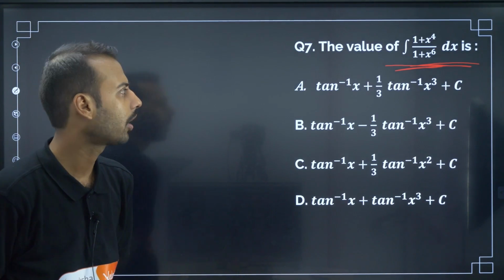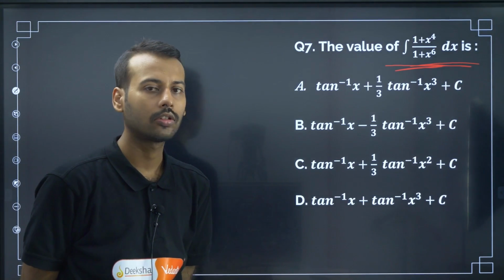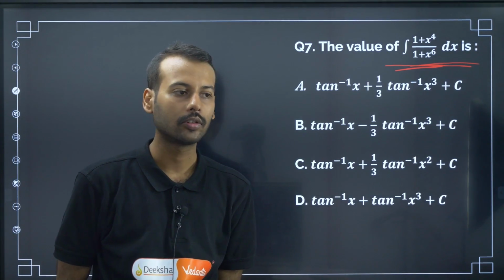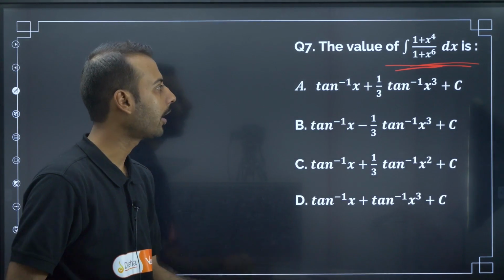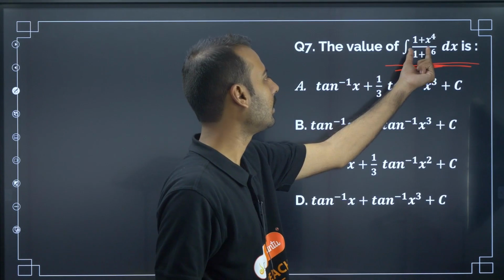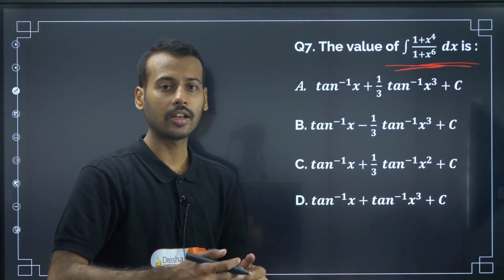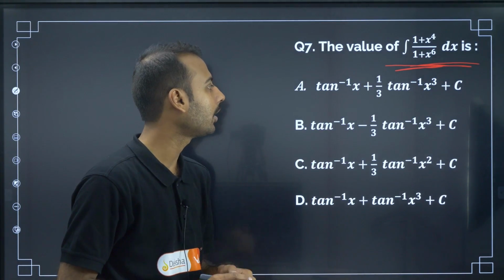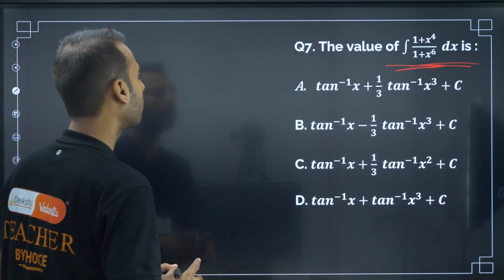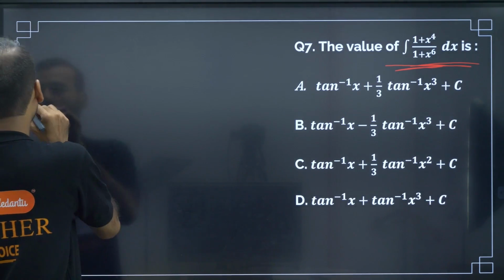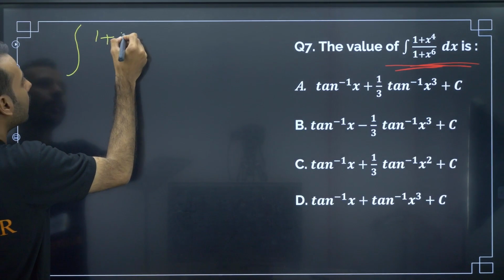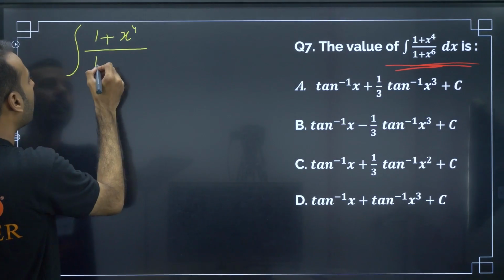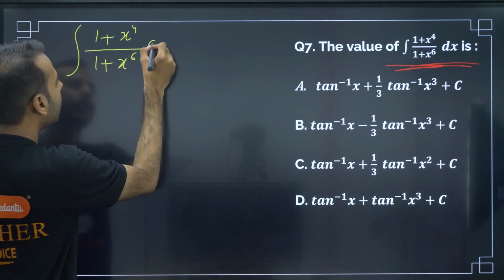Every time I use this word algebraic manipulation, by practicing a lot of problems from the algebra part, you will learn that algebraic manipulation, and then we have to convert this algebraic expression into standard available integral and then go for integration. Now how to approach this, first let me copy that question, 1 plus x4 by 1 plus x6 dx.